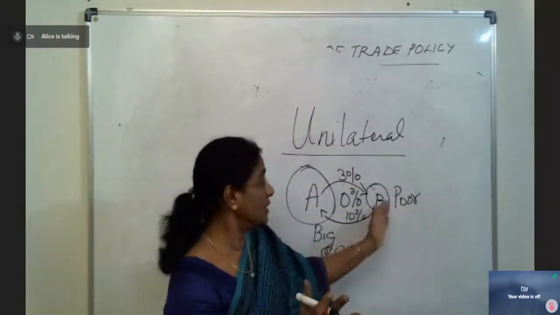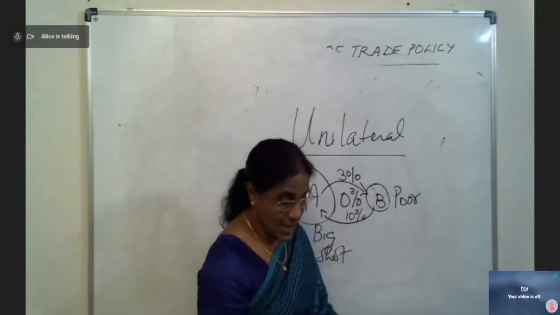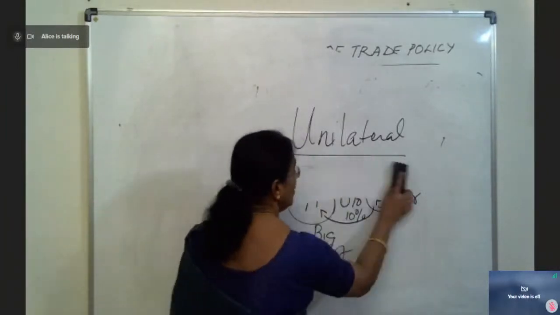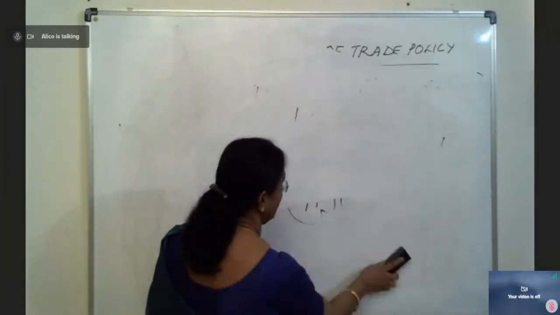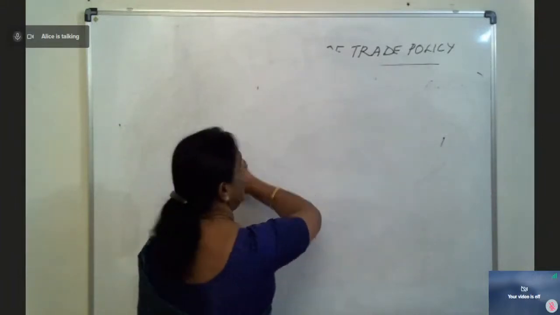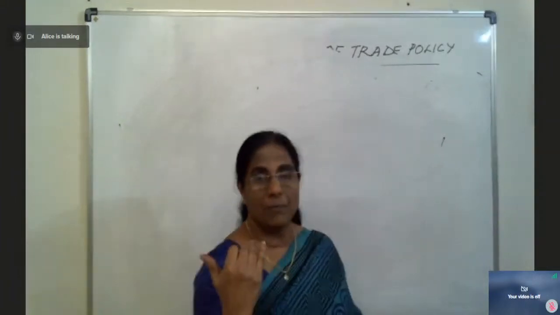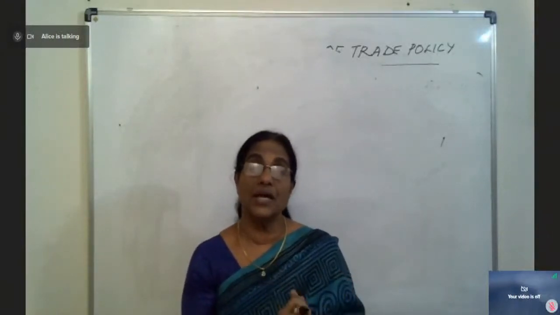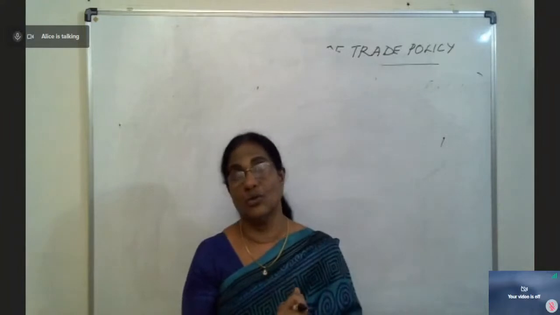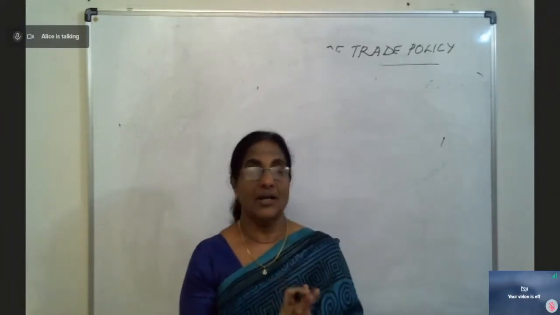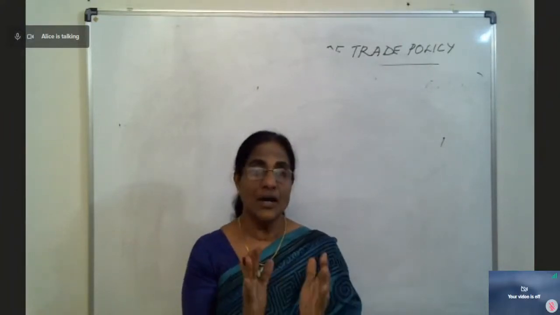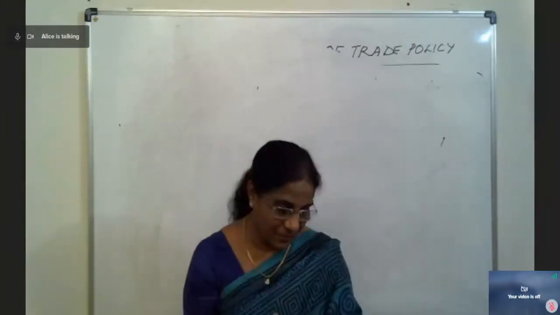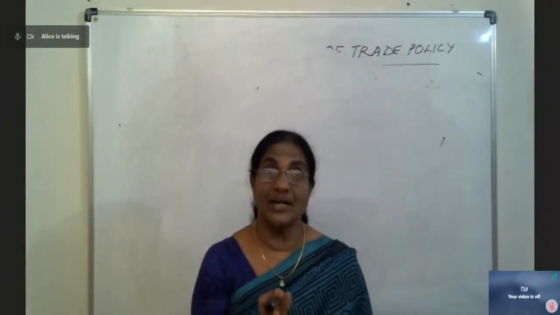It can be because this is an underdeveloped country, it can be due to some other reason, or it can be because B is an ally, or B is a political participant, or it may be that by pleasing B, A has some other things to do, right? So, for some reason, unilateral preferential treatment.